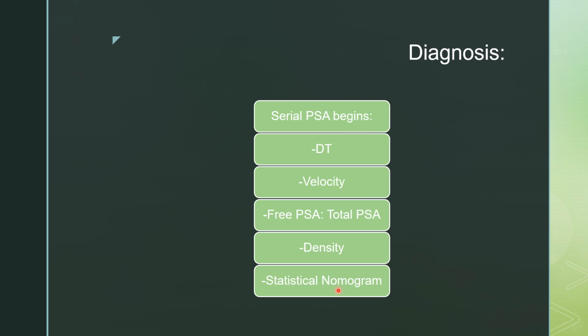And with that, we'll be landing up on this, because statistical nomogram is helpful, but not many physicians will have time to do all this. So from the statistical nomogram, it is also easy to predict whether this is an aggressive prostate cancer or benign one, based on the rate of growth.